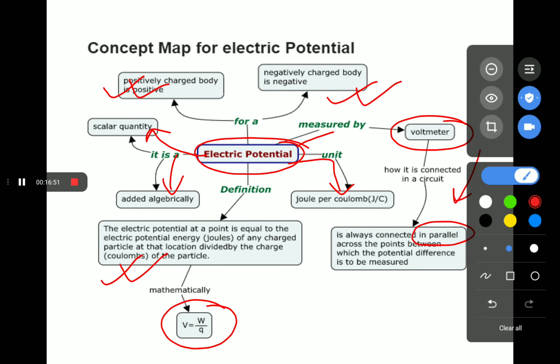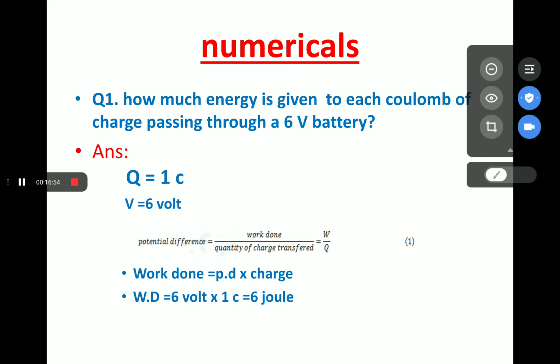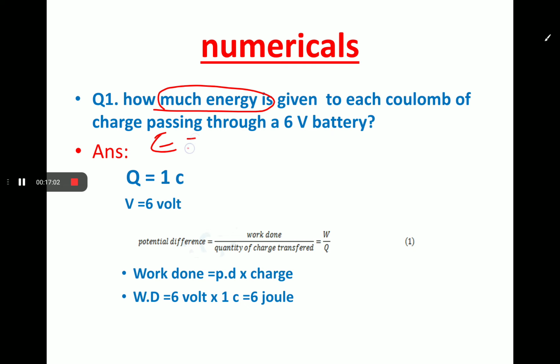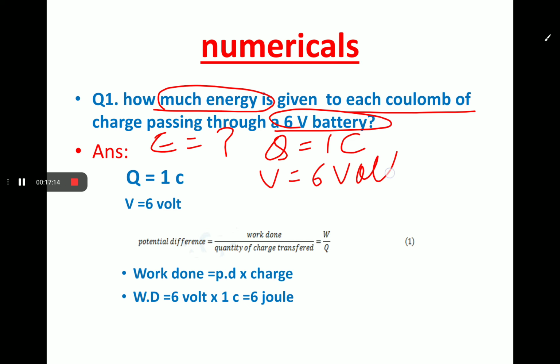Now, in the next slide, there is a numerical which is very simple. In the numerical, it is asked how much energy is given. You have to find energy. To each coulomb means Q is equal to 1 coulomb. Each coulomb of charge passing through a 6 volt battery means V is given as 6 volt. Now, you know the formula, potential difference is equal to work done by charge.